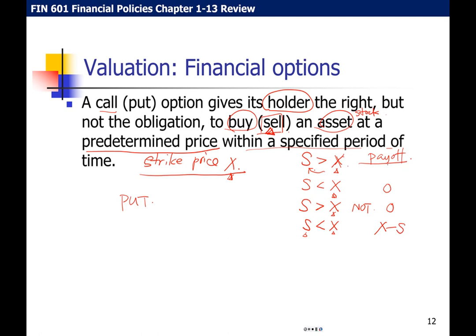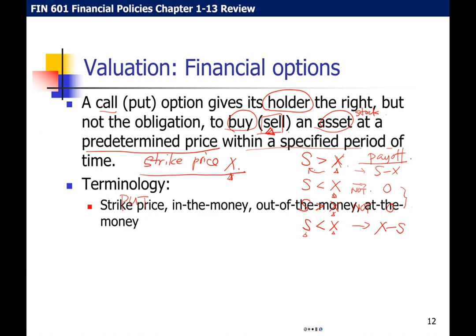Okay, so remember the payoff for a call and for a put, and you're not exercising in the middle ones. That's how you can determine whether to exercise options based on market conditions.